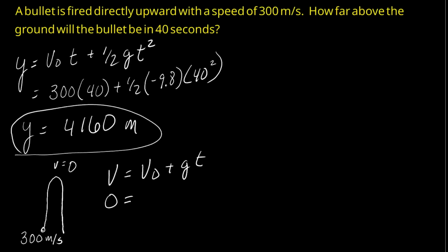So I know that this is 0, this is 300. So this would give me a time of 30.612 seconds.